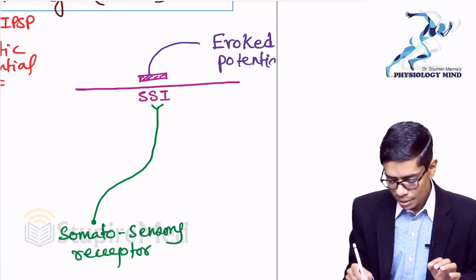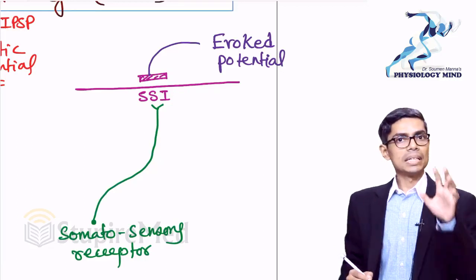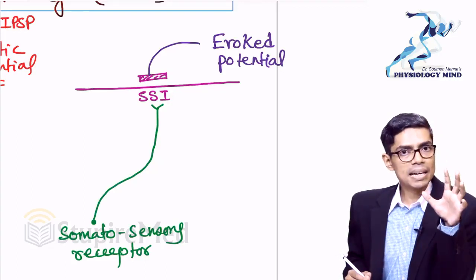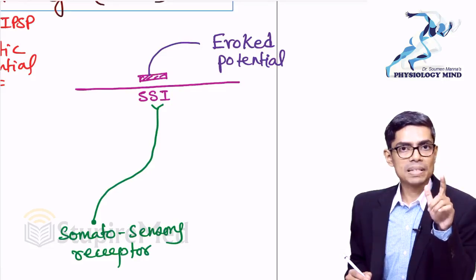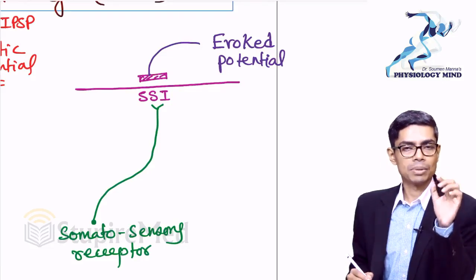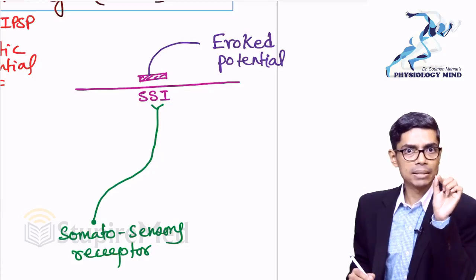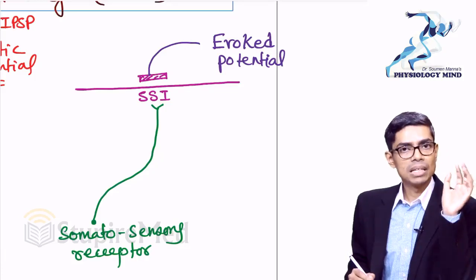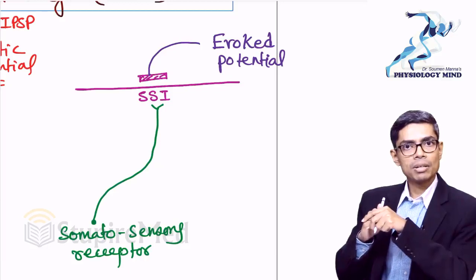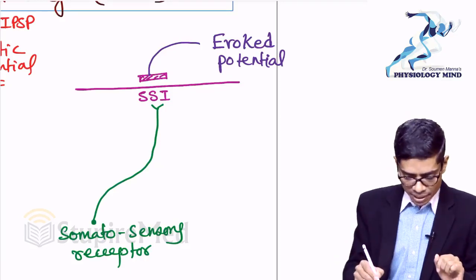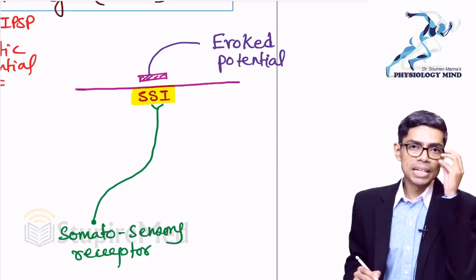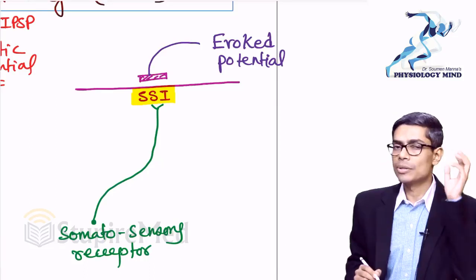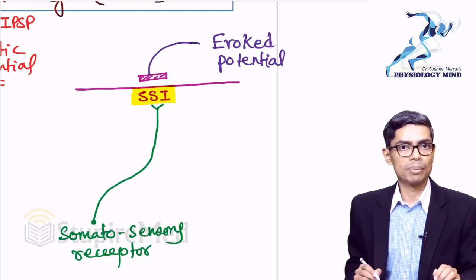So please remember, EEG is electrical activity spontaneously generated. Evoked potential means you have to stimulate the particular brain area. If you stimulate the sensory neuron, your electrodes should be placed directly over the somatosensory area. If you stimulate the retina, obviously the electrodes should be over the occipital lobe like that.